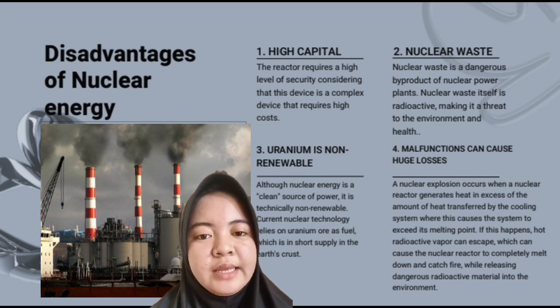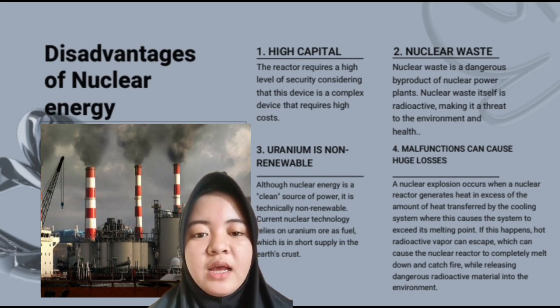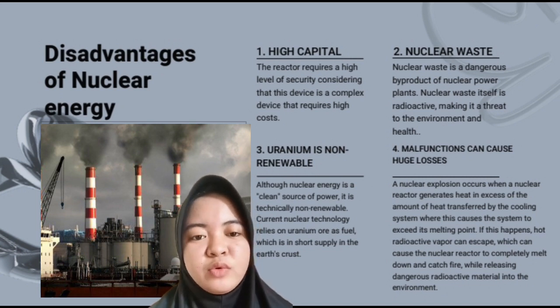And finally, malfunction can cause huge losses. A nuclear meltdown occurs when a nuclear reactor generates heat in excess of the amount of heat transferred by the cooling system, causing the system to exceed its melting point.